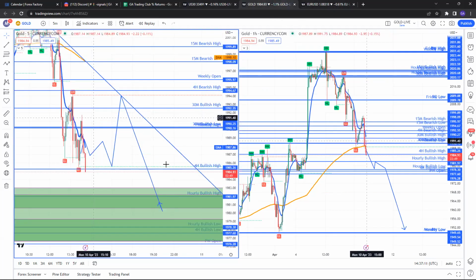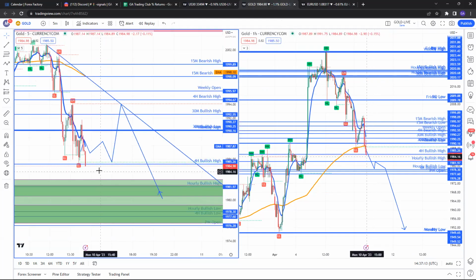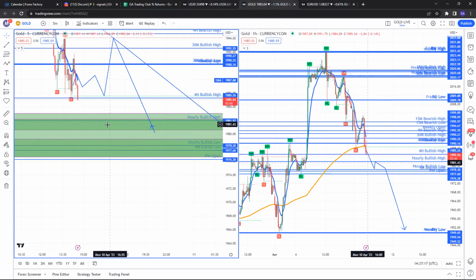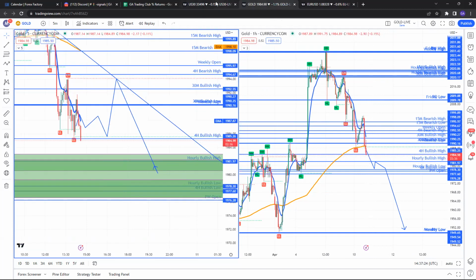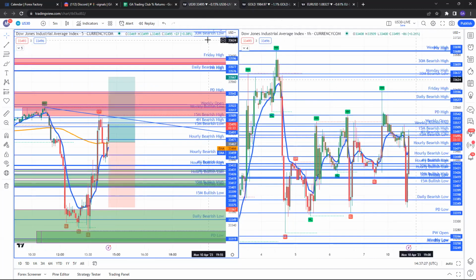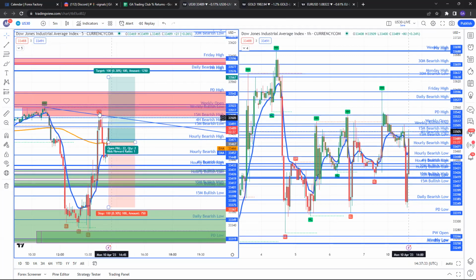Gold is still melting. So keep in mind, where is price likely to go? We do have a bunch of demand zones right here. So I did tell you between 1983 and 1976, that's a buy zone for gold. US30, there you go, pumping up. So we need to break this lower high and break this trend line.